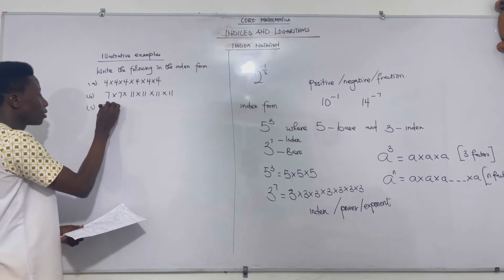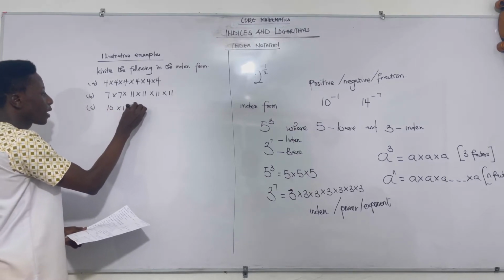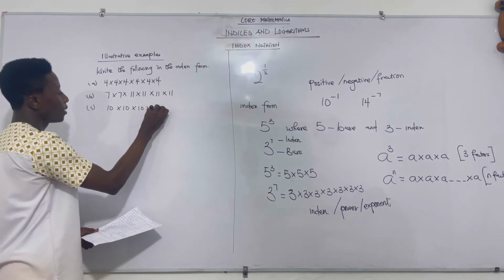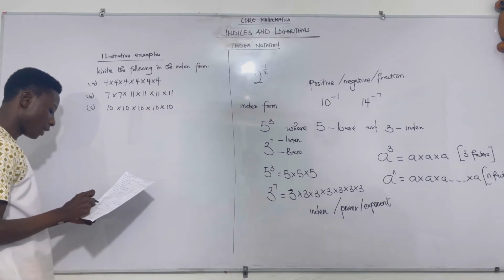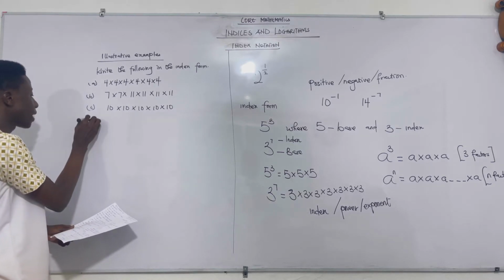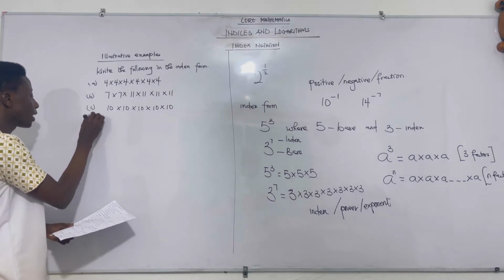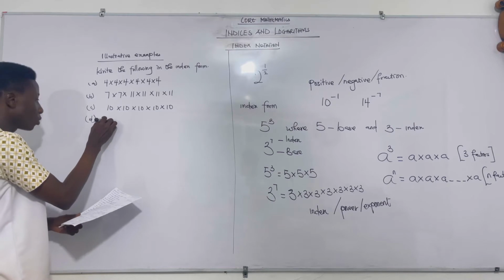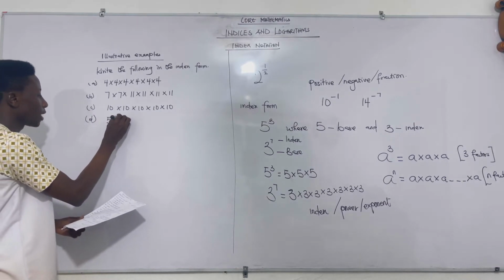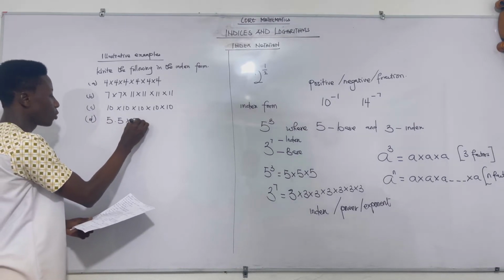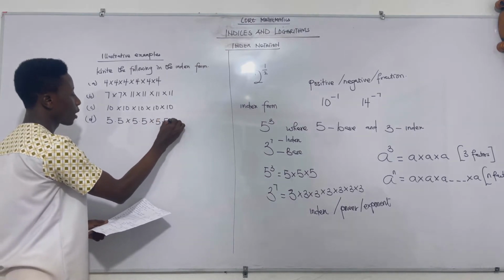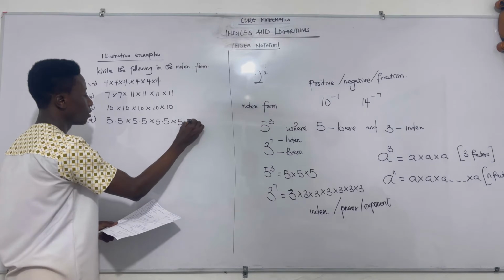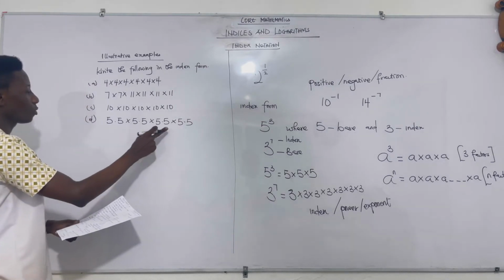The next one: 10 times 10 times 10 times 10 times 10. How many are they? All right. And then the last but one: 5.5 times 5.5 times 5.5 times 5.5.